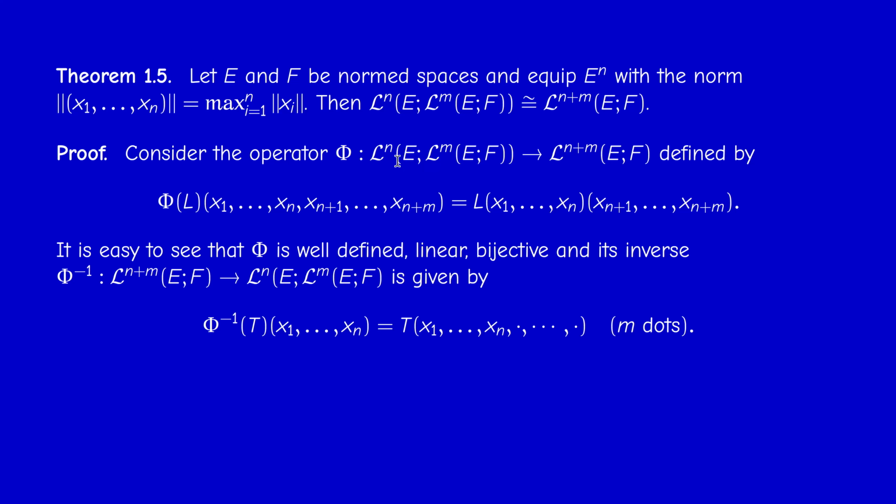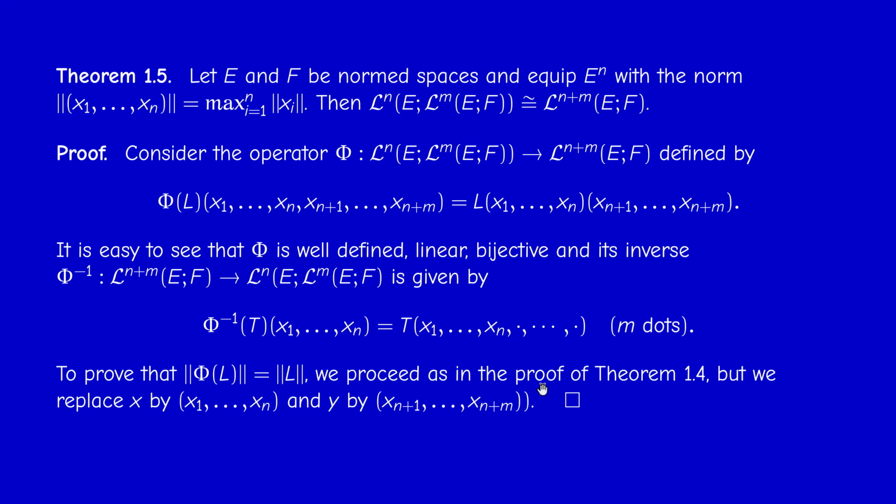Its image is an element here, so when we evaluate at the first n variables, the result is an element here, so it's a function of m variables. So phi minus 1 of t evaluated at this vector is a map now, because I put a dot here, so it's a partial map. Same structure, but now instead of x I have x1, ..., xn, and instead of y I have these m variables.